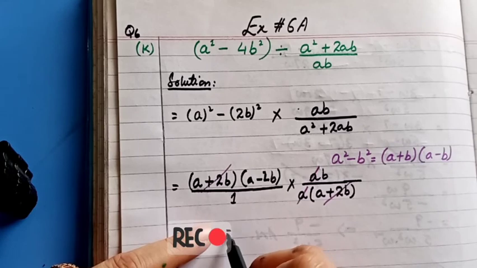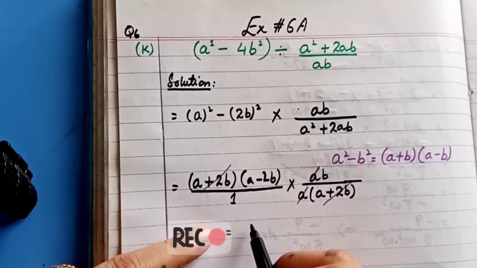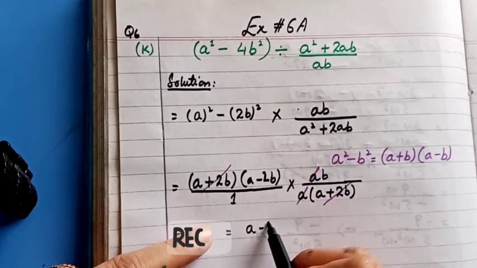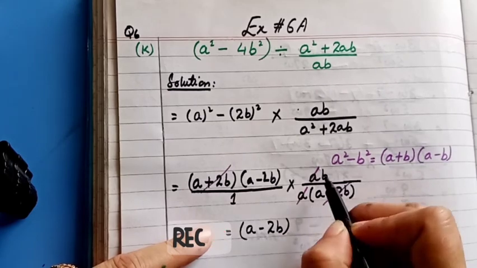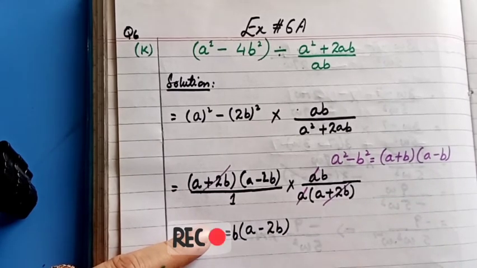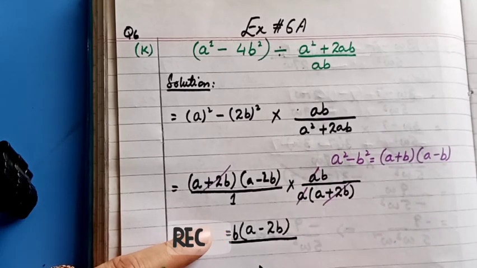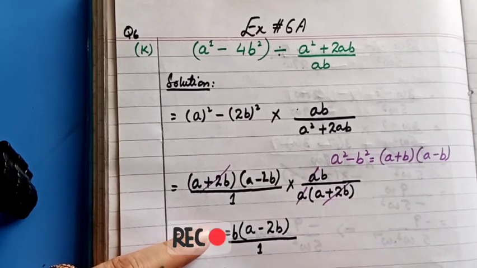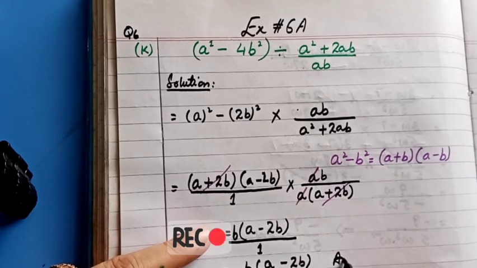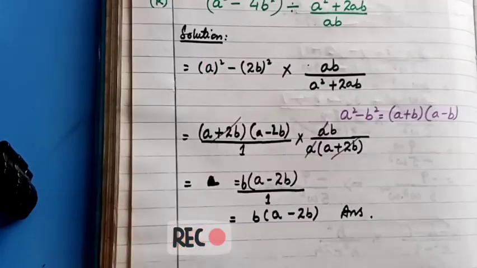In the numerator we have left with a minus 2b, and we have to write this b in the beginning, and in the denominator we have nothing. We have just 1, so we can write b into a minus 2b. This is our answer.